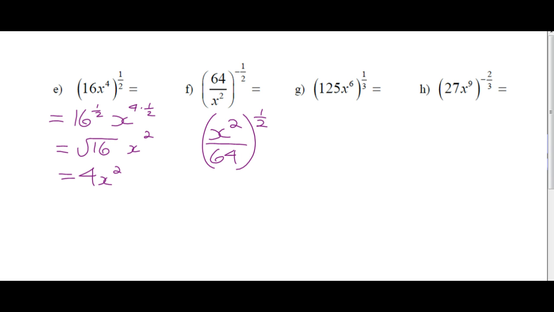Because what's on the top is now on the bottom and vice versa. That's what a negative exponent does. Take whatever is on the top, put it on the bottom. So we've done that, make the exponent positive. So now we've got x squared to the half, which is x, and we've got the square root of 64, which is 8. So it's just x over 8.